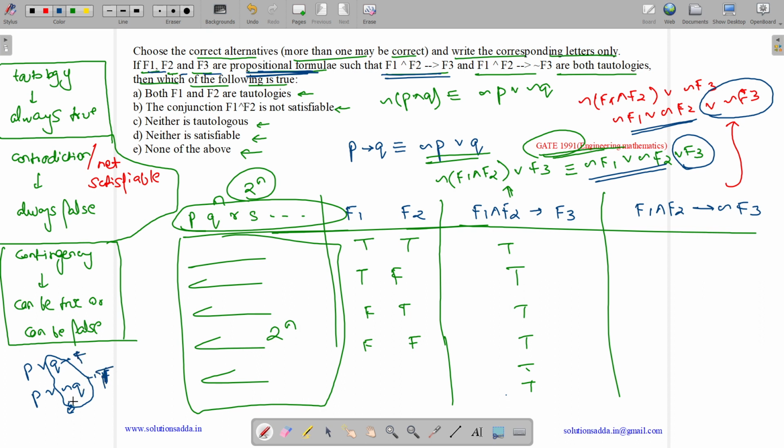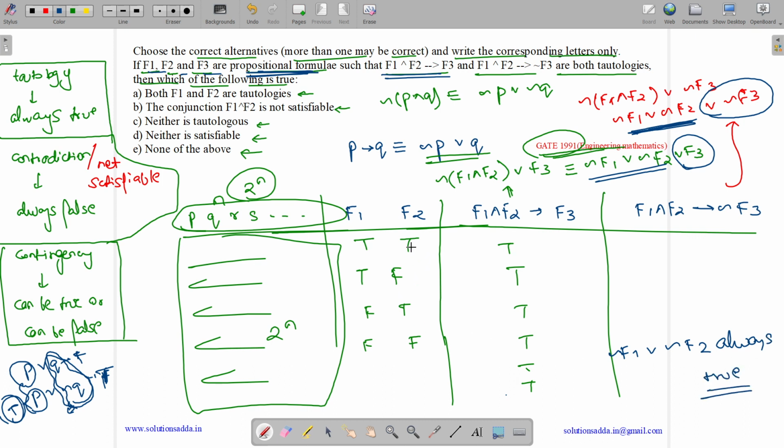Which means Q will have both values, but for both of them to be true, P should always be true. Okay. So here what does this mean? This means that the first term, negation of F1 or negation of F2, should always be true.